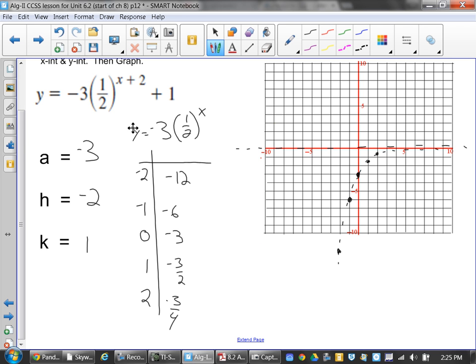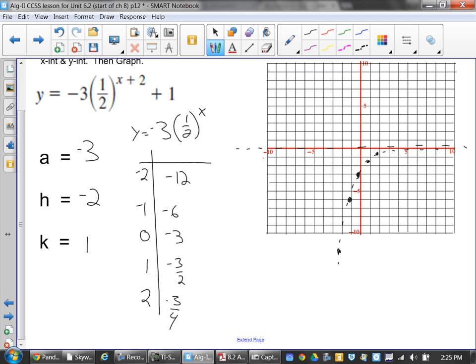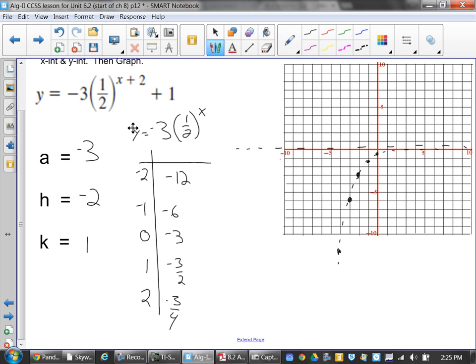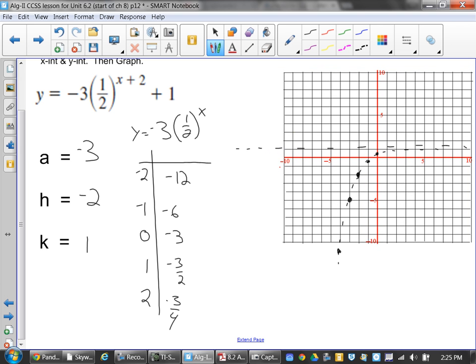To each of these points, we have to shift them left 2 and up 1. So the y-intercept, in this case, is 1/4.